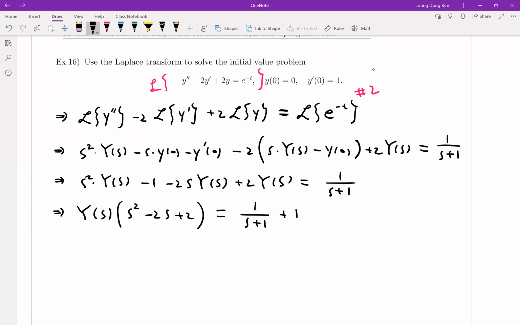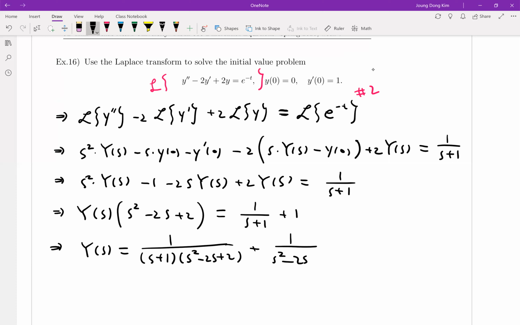Okay, so we're almost there. Now we're going to divide both sides by this factor. Then Y(s) is equal to 1 over (s plus 1)(s squared minus 2s plus 2) plus 1 over s squared minus 2s plus 2.